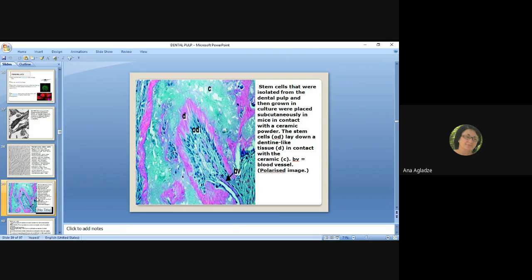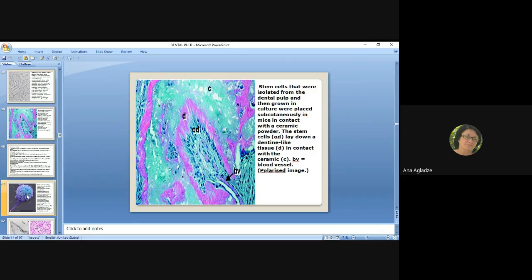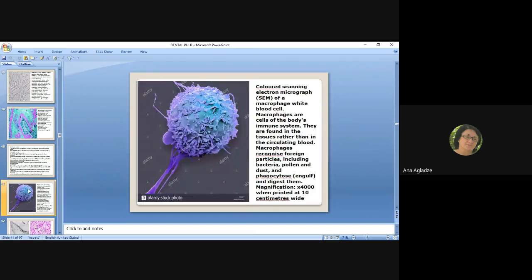Then the next cell type here, let's see. Yes, you know that there are a lot of cells of the immune system in dental pulp, and these cells are defense cells, and they may be named such as granulocytes.